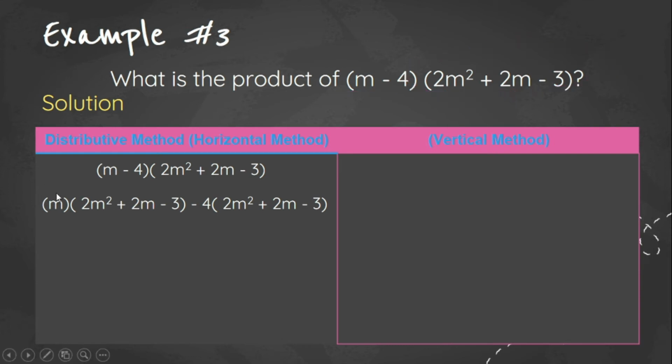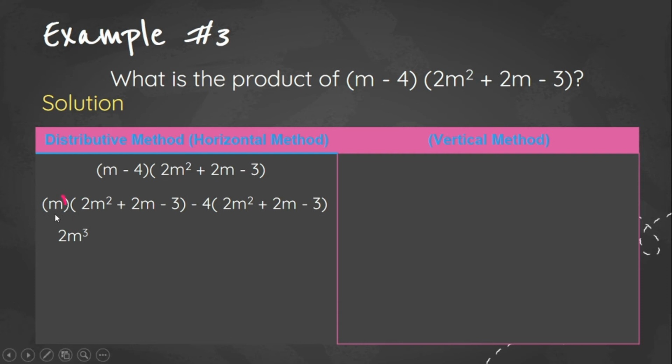Now, let's start multiplying these terms. We have m times 2m squared. There's no written numerical coefficient on m, so that is 2m cubed. Why? It's understood that there is a 1, so 2 times 1 is just 2. M raised to 1 is understood.